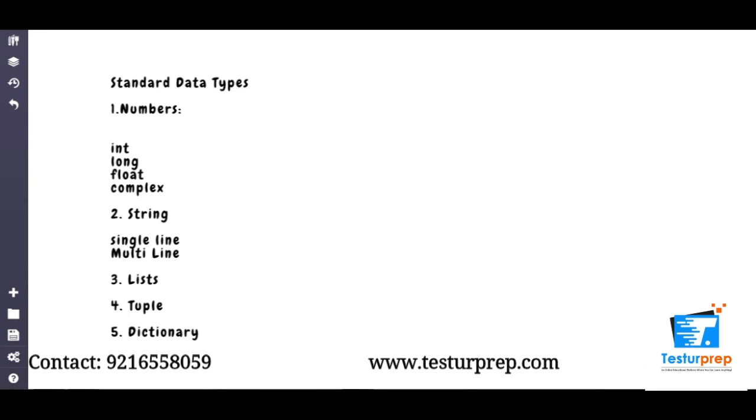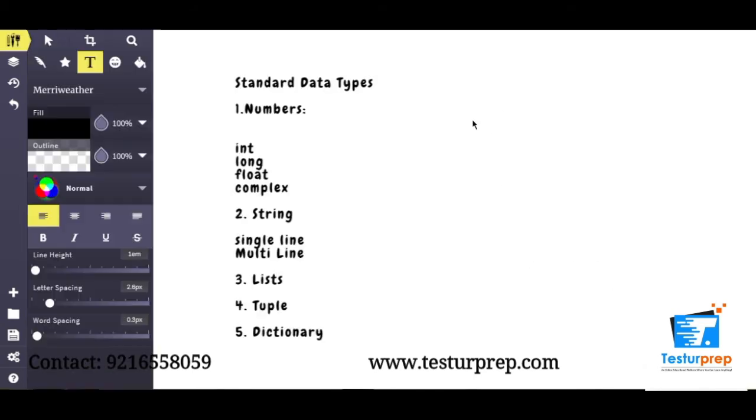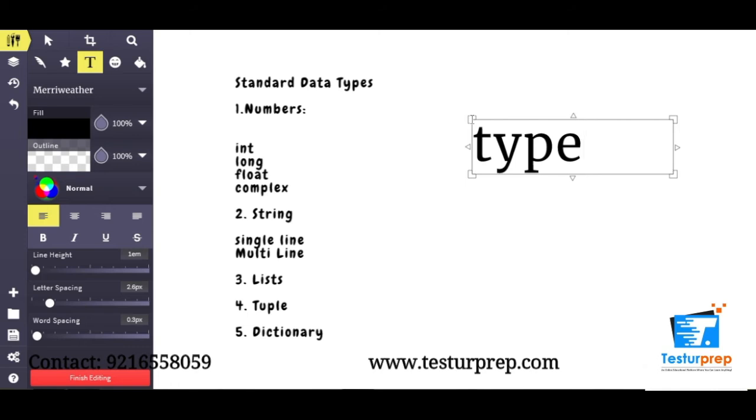So if you want to check what kind of data type our variable has, we can write the type function in order to know what kind of data type the variable has stored in it.